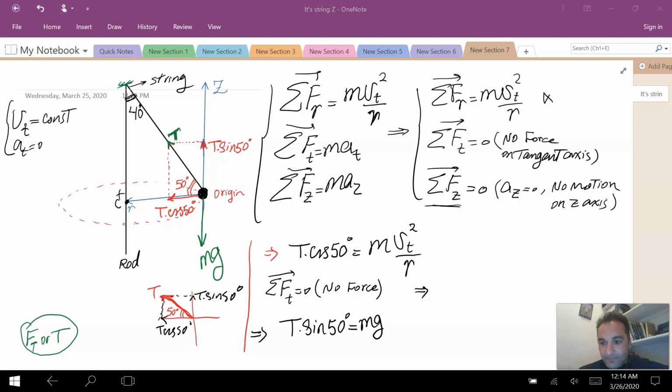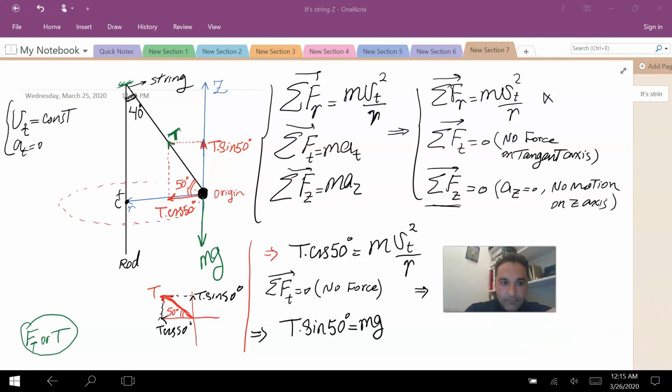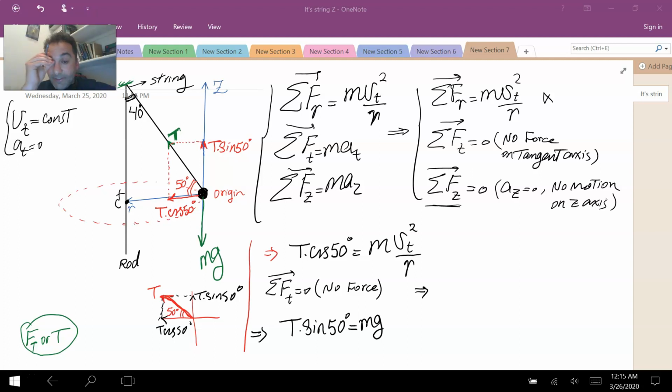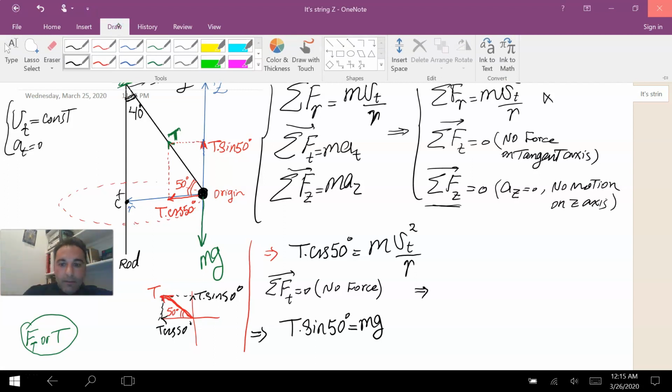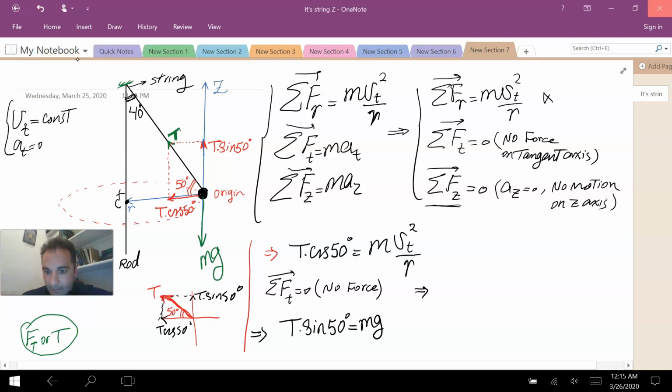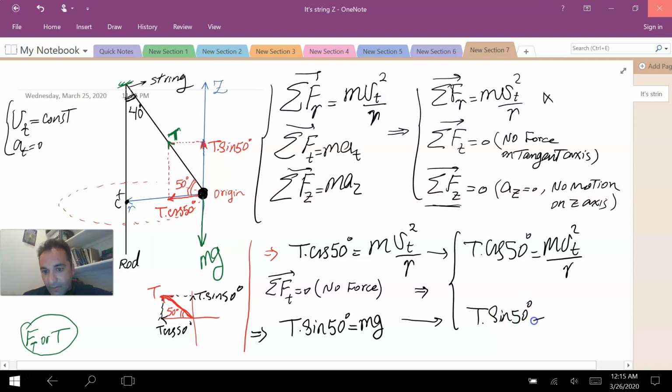Therefore, let me move my picture here. Therefore, guys, I can have T cosine of 50 equal to mv squared over r, and the other one, T sine of 50 equal to what? mg.